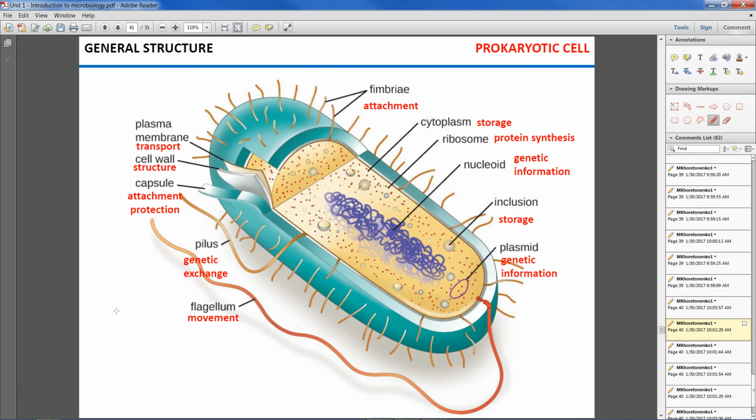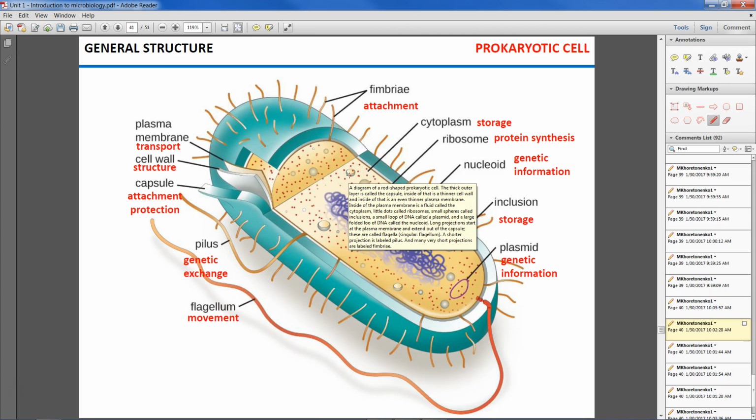So this slide shows you the major structures of the prokaryotic cell and their function. Now, I'm going to ask you the question: which structures can a prokaryotic cell not exist without? Tell me.